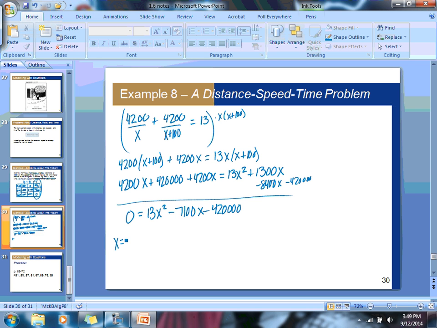Okay, so x equals opposite b, so that's going to be 7,100, plus or minus the square root of b squared minus 4 times a times c, all over 2 times a.